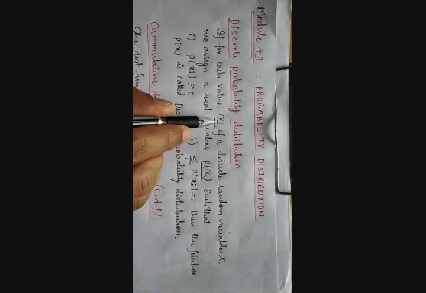Discrete probability distribution means if for each value xi of a discrete random variable x, we assign a real number p of xi. Here xi will be a value of x, where p of xi will be the probability of this value.